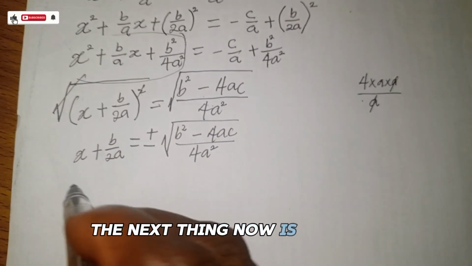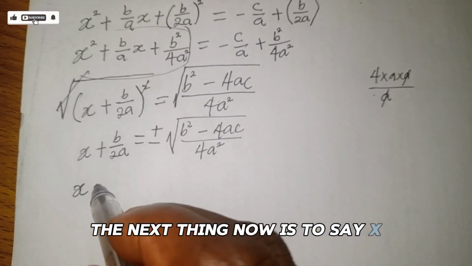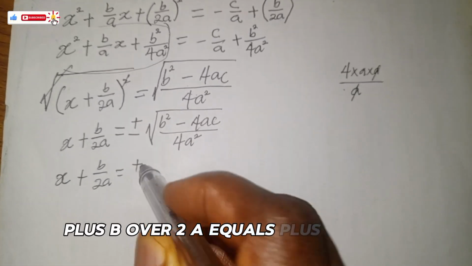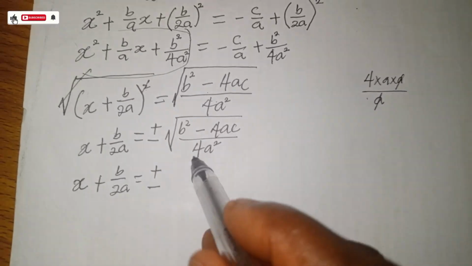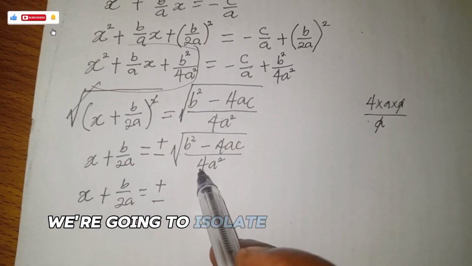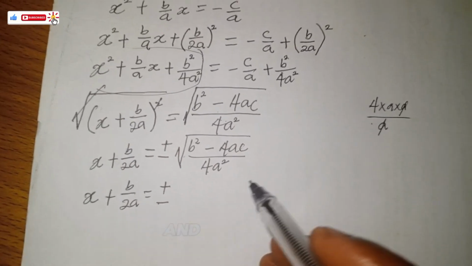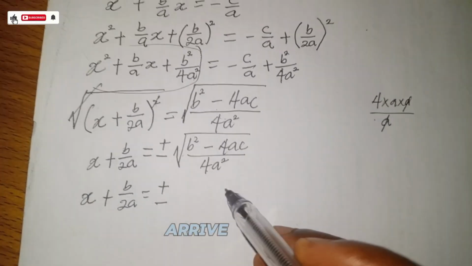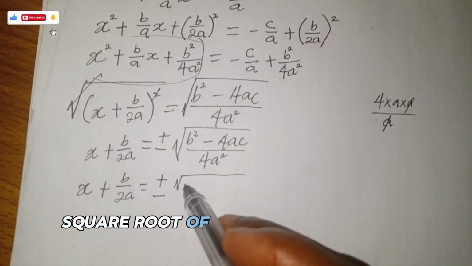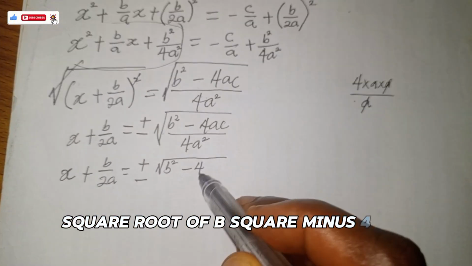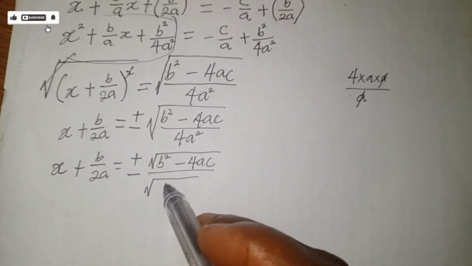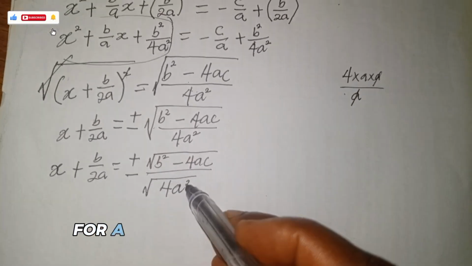The next thing is x plus b over 2a equals plus or minus. Now we are going to isolate 4a squared from the square root. We can write it as the square root of b squared minus 4ac over the square root of 4a squared.